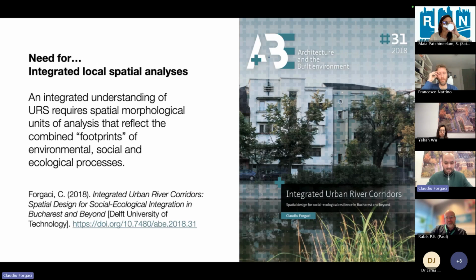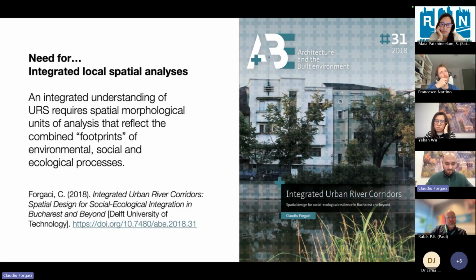And this is especially the challenge when dealing with integrated local spatial analysis. So meaning that there are all kinds of different aspects that need to be considered of environmental, social, infrastructural kind that have their own logic and have their own boundaries. So how do you combine those? That becomes a more and more complex question.